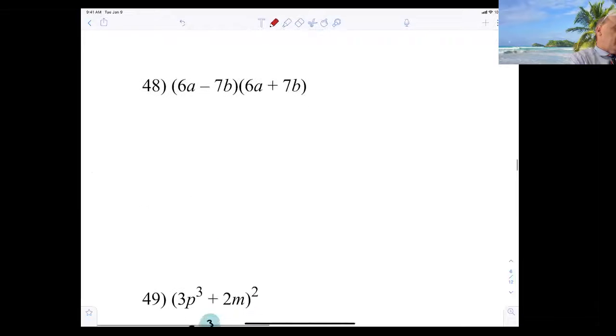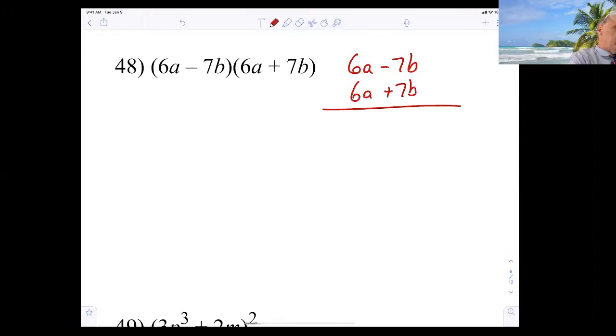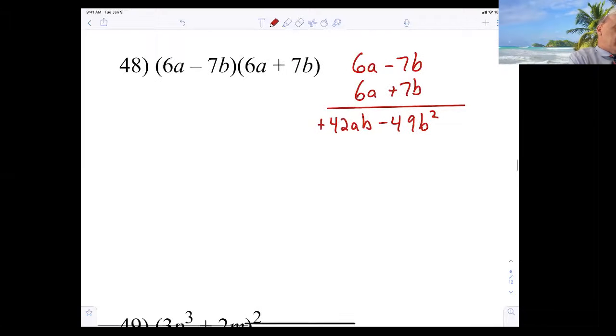All right, 48. Here we go. 6a minus 7b, 6a plus 7b. Negative 49b. Good. And then 49b squared. And then negative 42. No, wouldn't it be positive 42? Oh, positive. Then it would be negative 42ab.